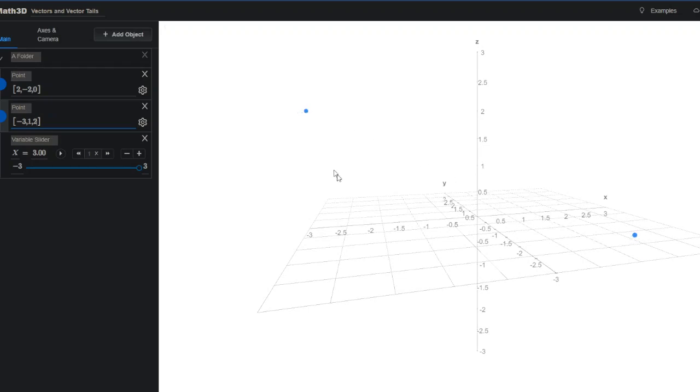So we had the distance formula in the two-dimensional system, and we'll have something similar here. We'll have another distance formula. So let's look at what that would be.